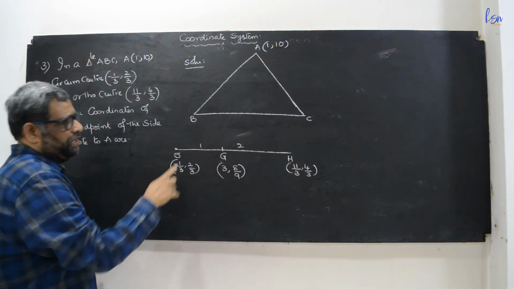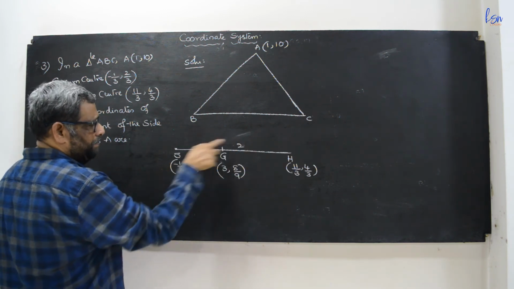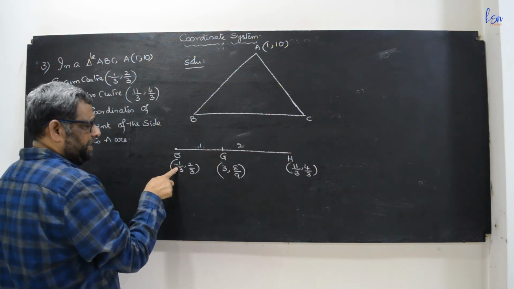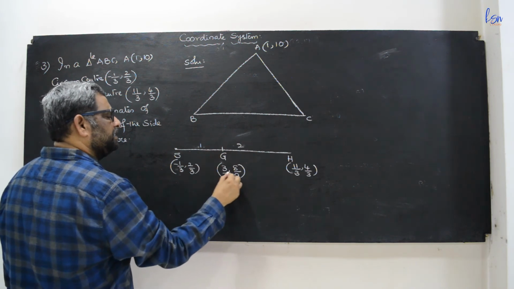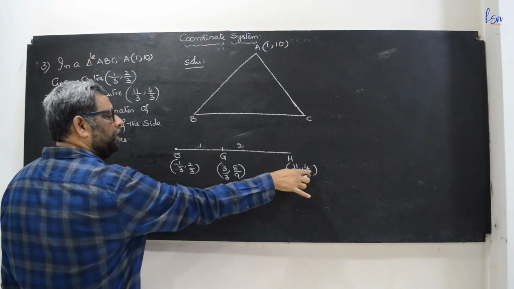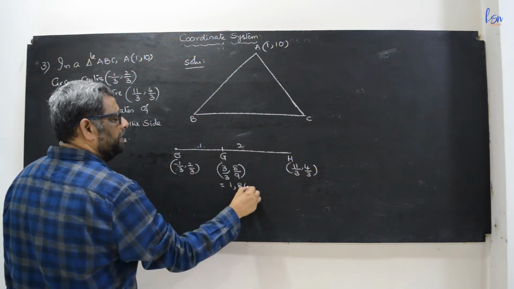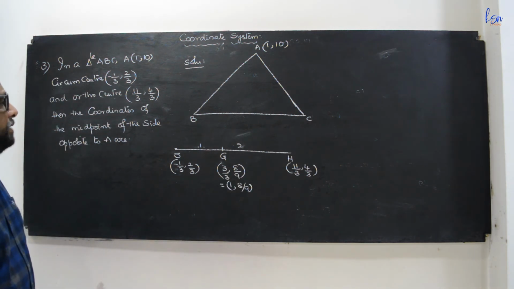Once again, if you require, the first is mx2 plus nx1 by m plus n: 11 by 3 minus 2 by 3, 9 by 3, 9 by 3 means 3 by 3, which is 1, comma, and 4 by 3 plus 4 by 3, 8 by 3 by 3, 8 by 9. So the centroid is 1 comma 8 by 9.